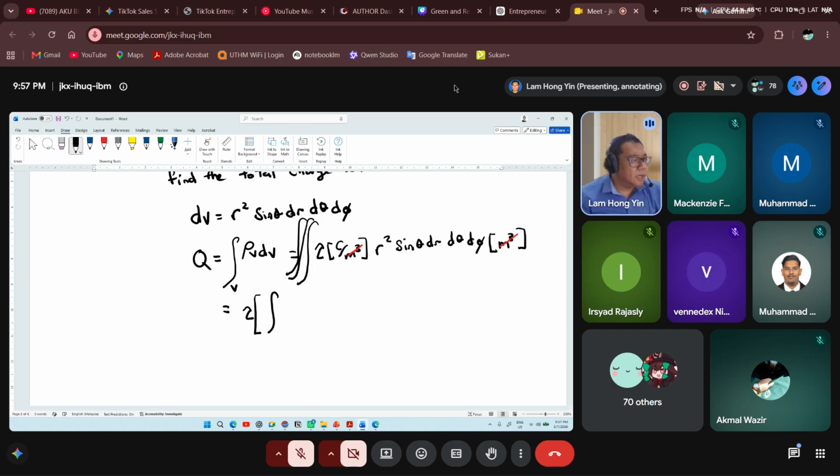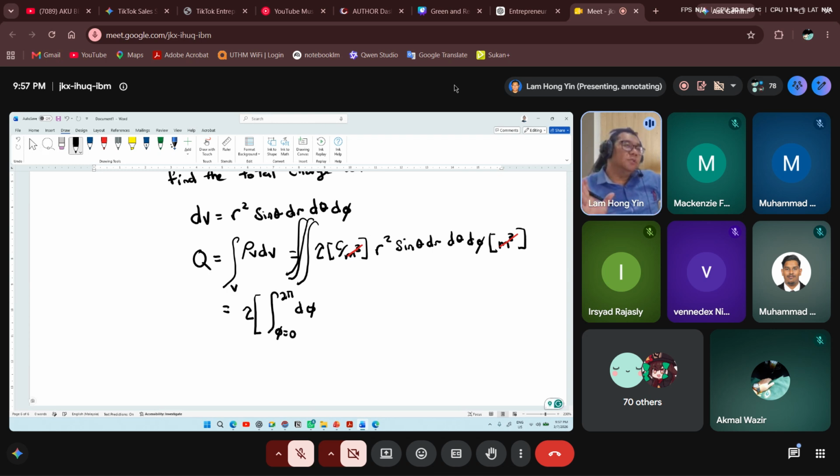Now I would like to integrate d phi. Do I have anything related to d phi in this formula? No. So I only integrate phi from 0 to 2 pi. Why 2 pi? Because the question mentions a spherical shell.